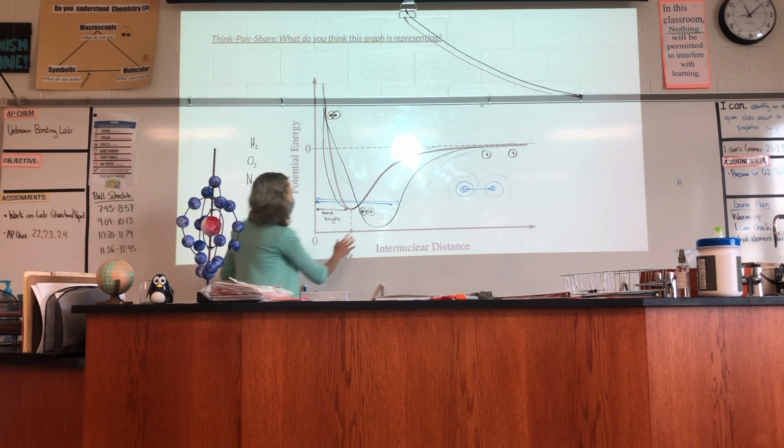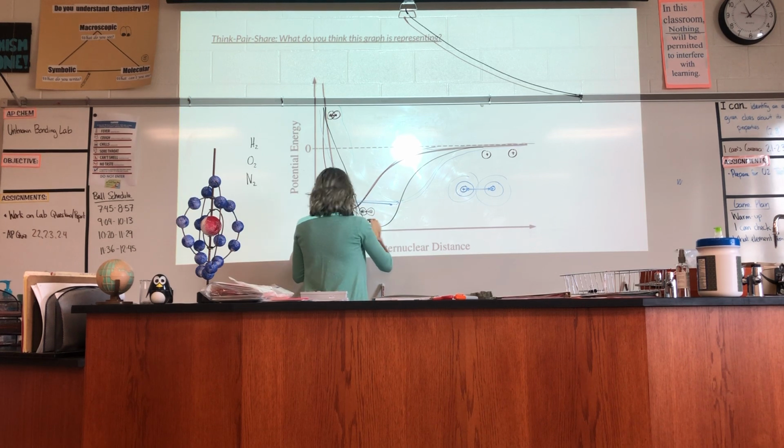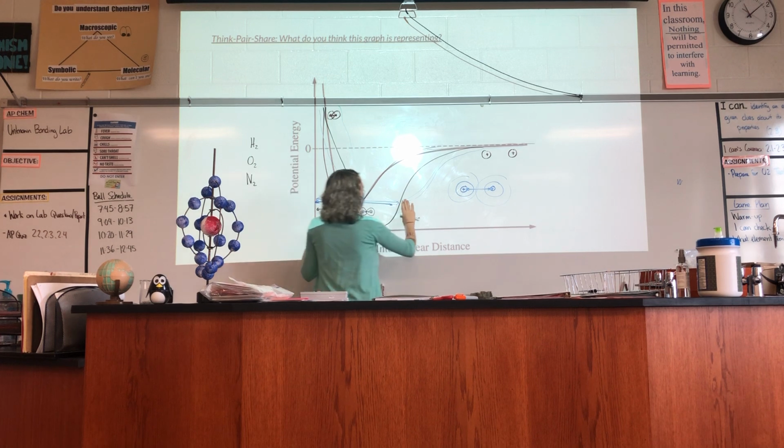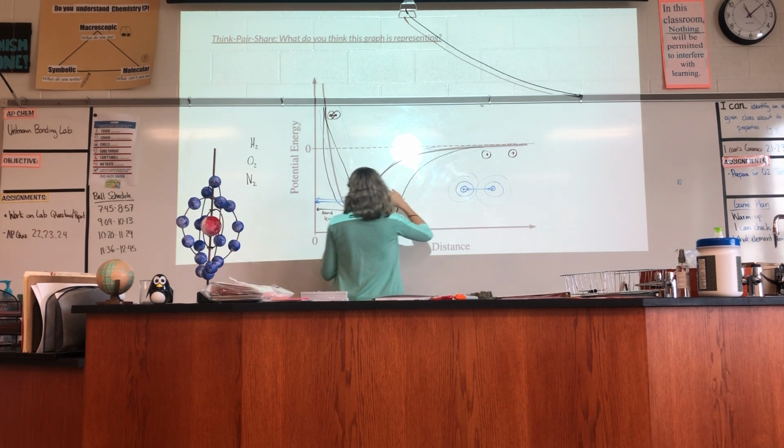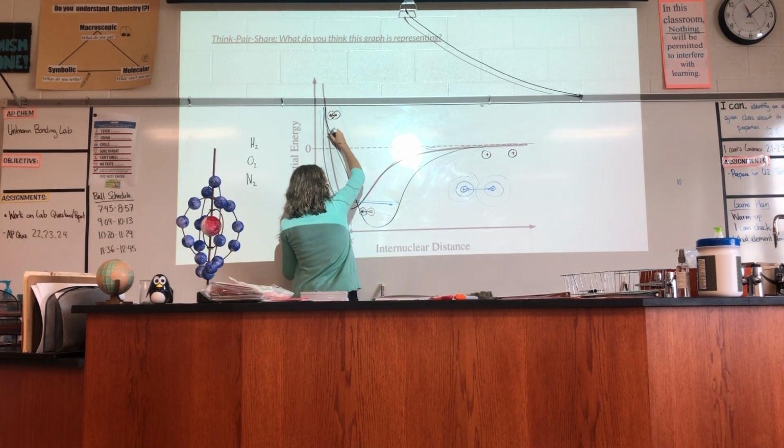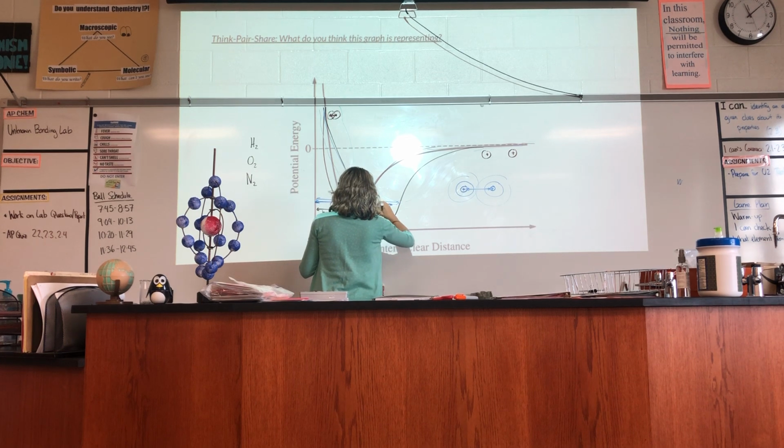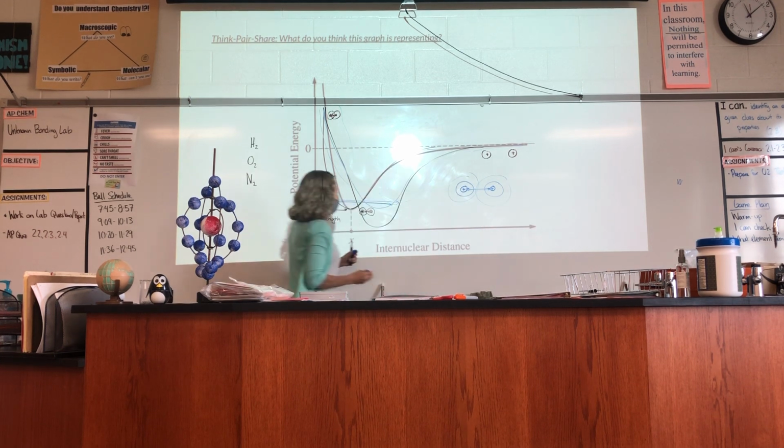Oh wait, let me fix that. Well, okay, I'm going to fix theirs. Okay, so this blue one is going to be our correct oxygen, just to erase so many lines. So oxygen, be like that.